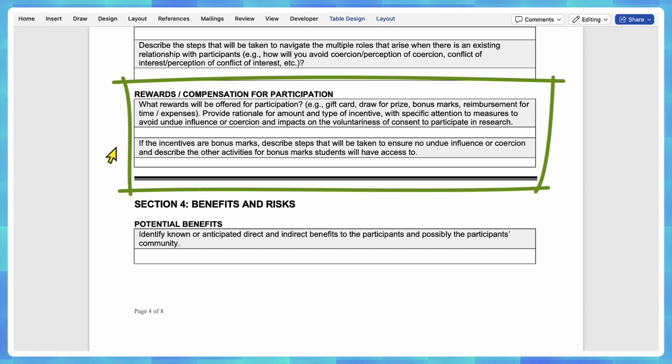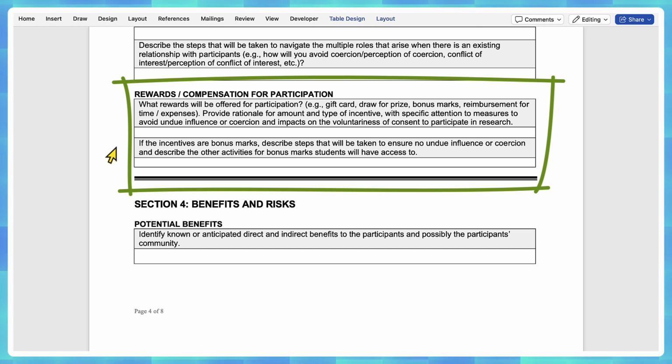So if the only opportunity for a student to earn this 1% bonus mark is to participate in your study, and there's no other way for them to earn a bonus mark, that is undue influence and coercion to participate in your study.